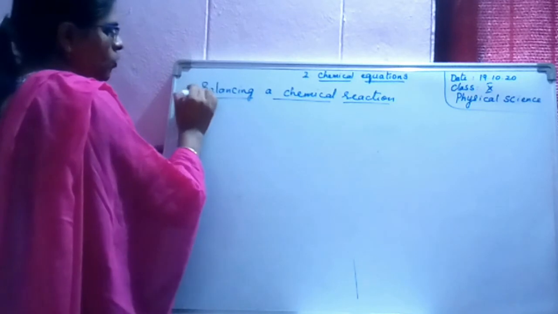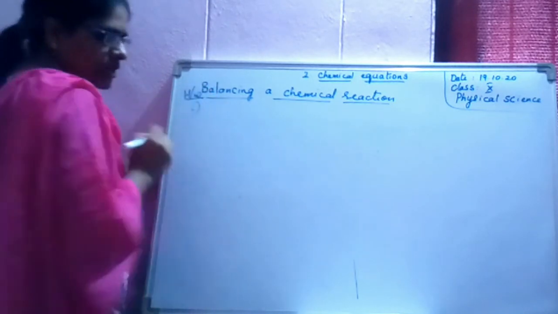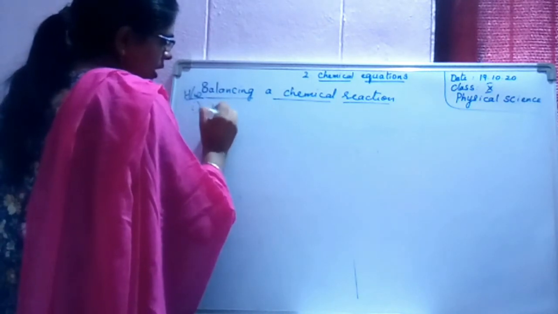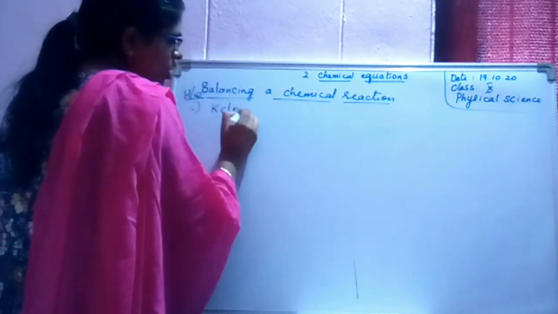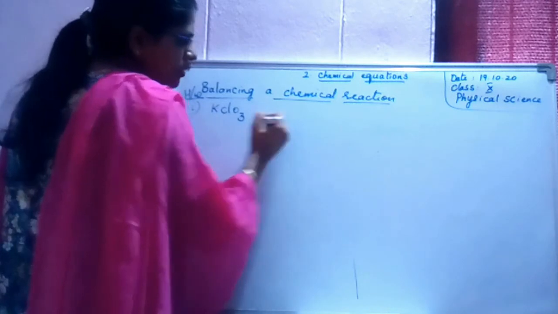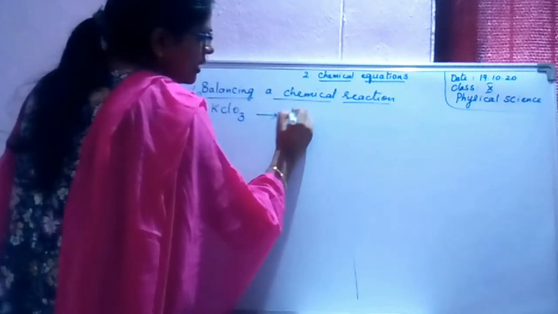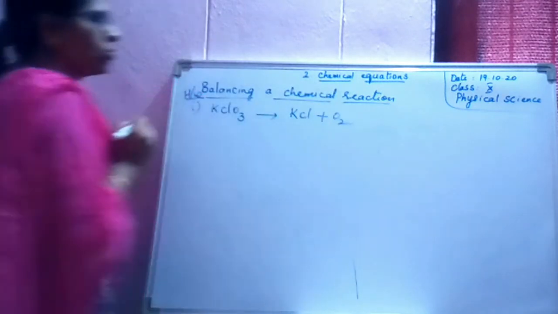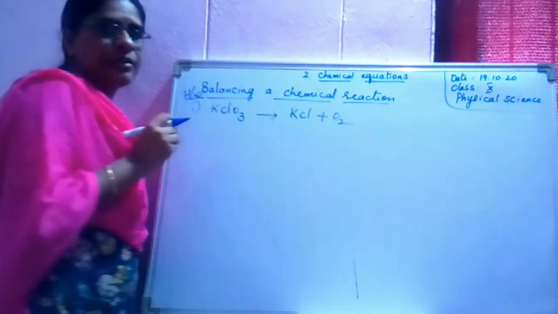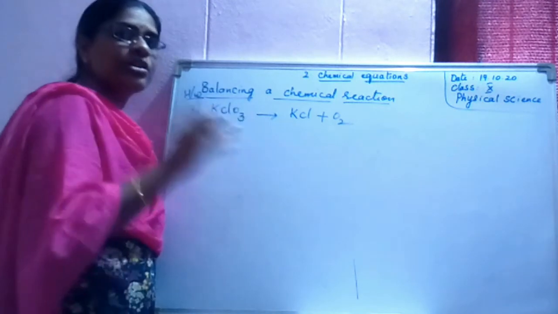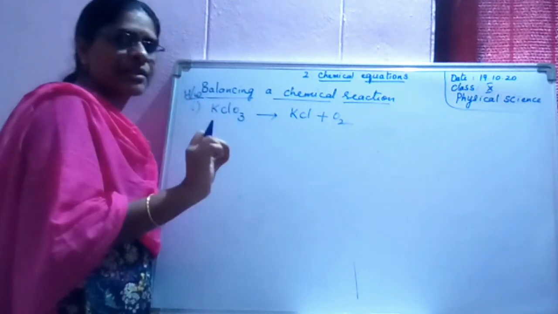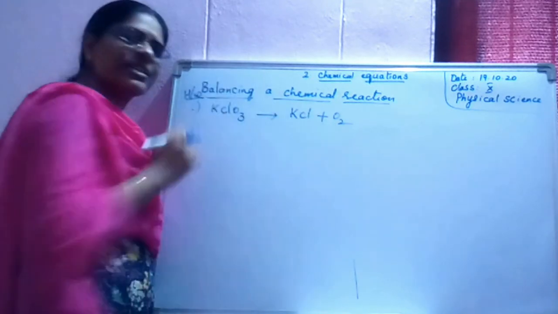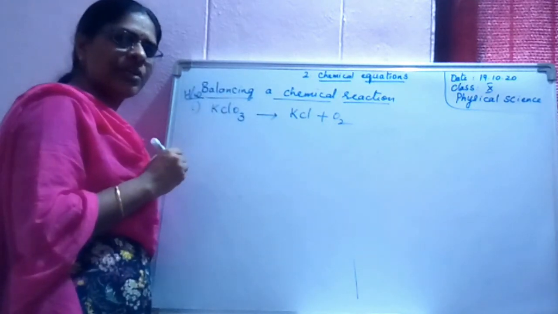Note down your homework. Balance KClO3 gives KCl plus O2. See here, first of all, you need to learn the symbols. Then only you can find out what are the elements in the given chemical equation.